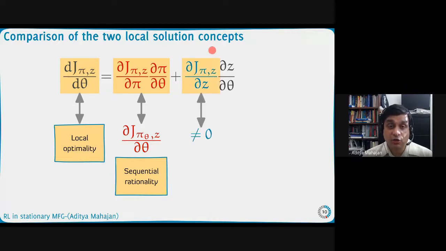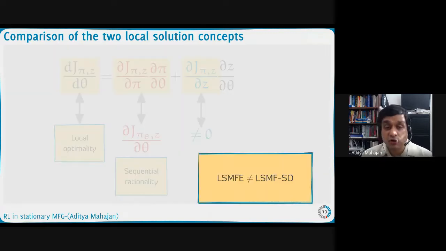The total derivative also has another term, and in general, this second term is not 0. And because of this, the local optimality equations are different from sequential rationality equations. So local stationary mean field equilibrium is not the same as the local socially optimal solution.